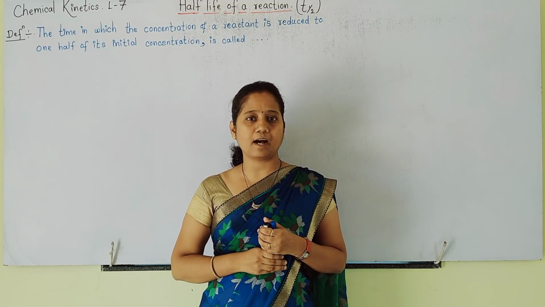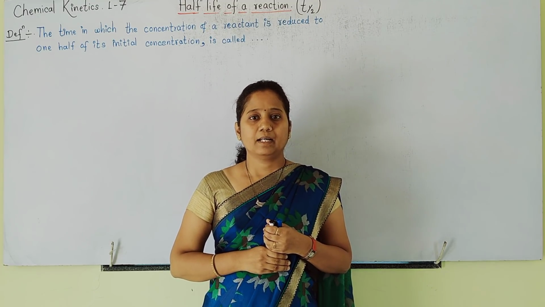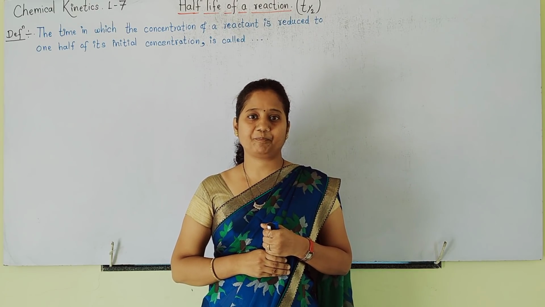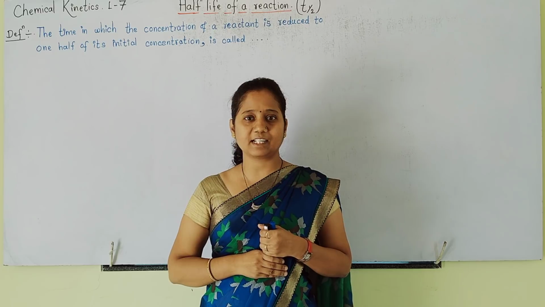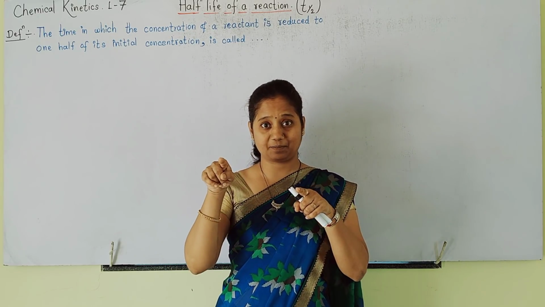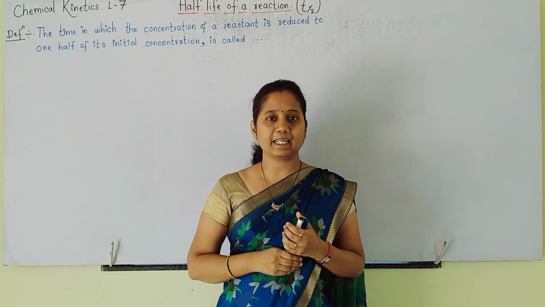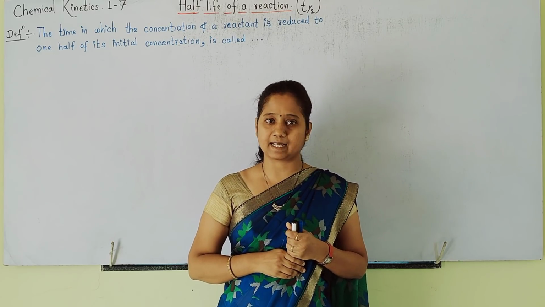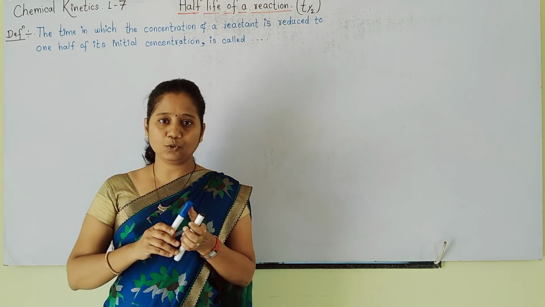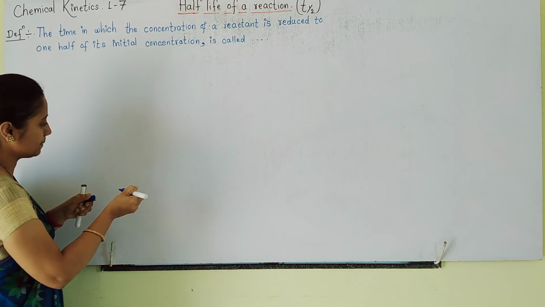That is called as half-life. Half-life is indicated by symbol T half. And initial concentration, yesterday we have seen that it is shown by R naught. R naught indicates initial concentration of reactants.